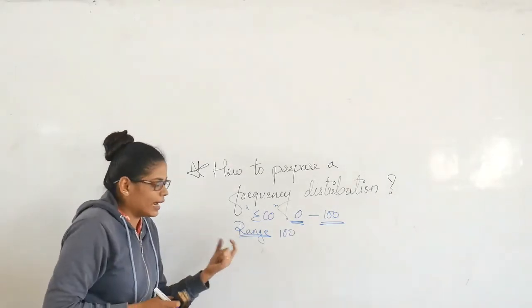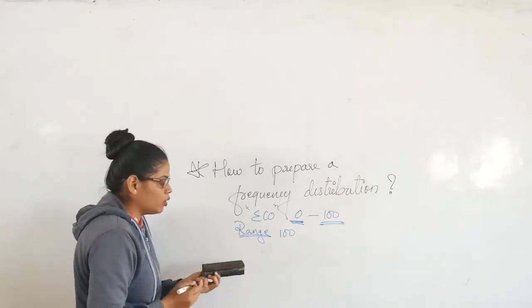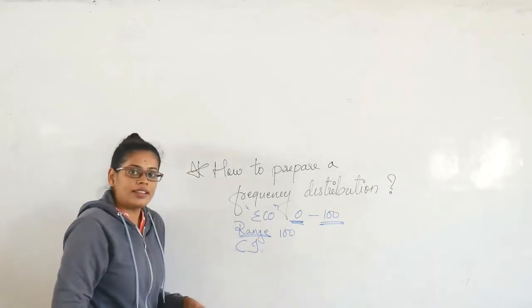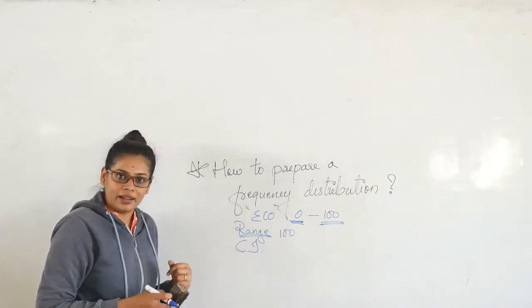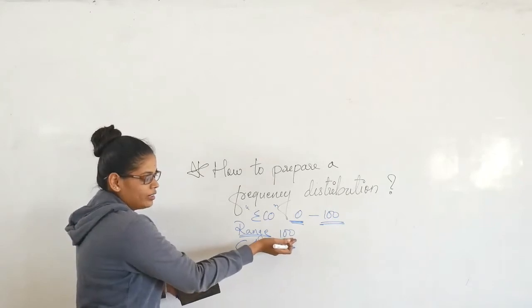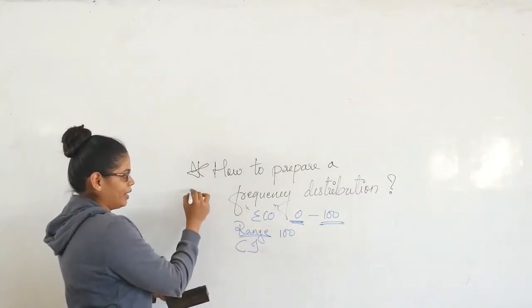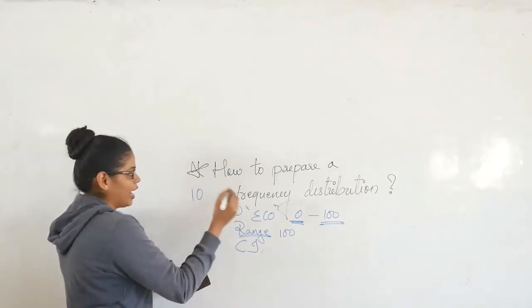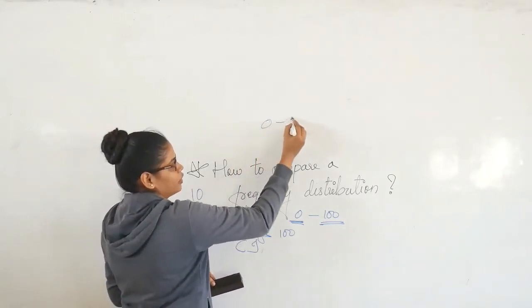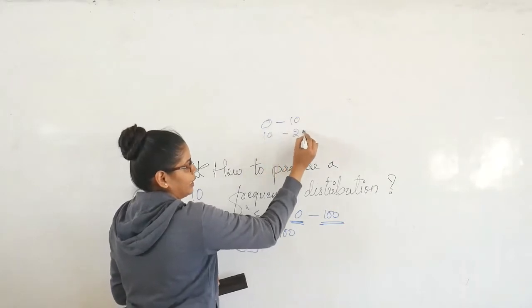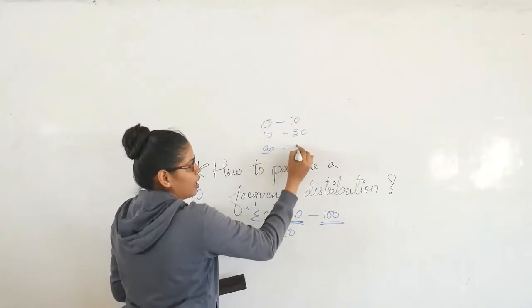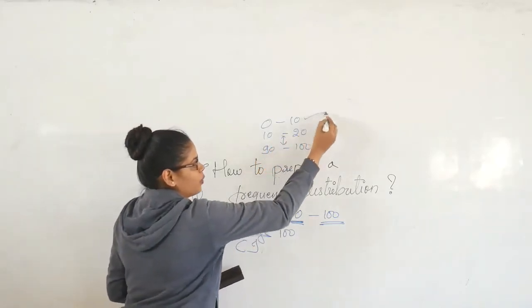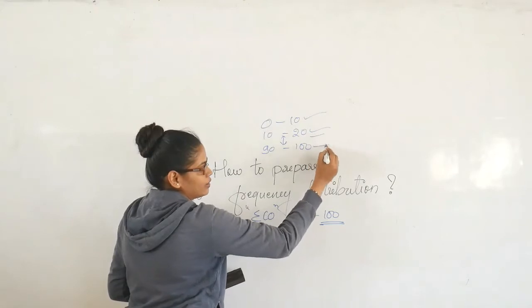Once we decide this range, next we look into how many class intervals we will make. So the number of classes we decide here. As we have 100 here, we can even make it 10 classes. In the last class we did 0 to 10, 10 to 20, up to 90 to 100, right? So these are the number of classes: 1, 2, 3, and this was the 10th.